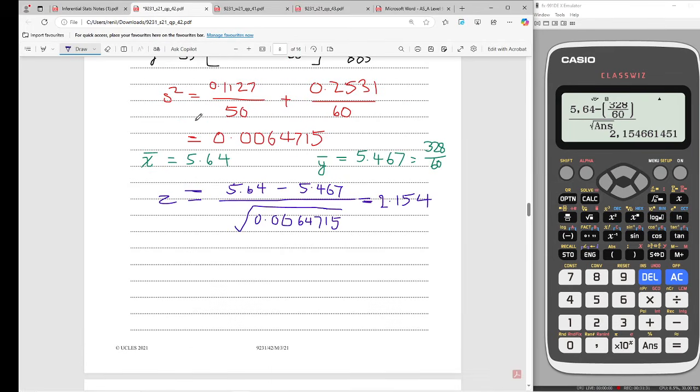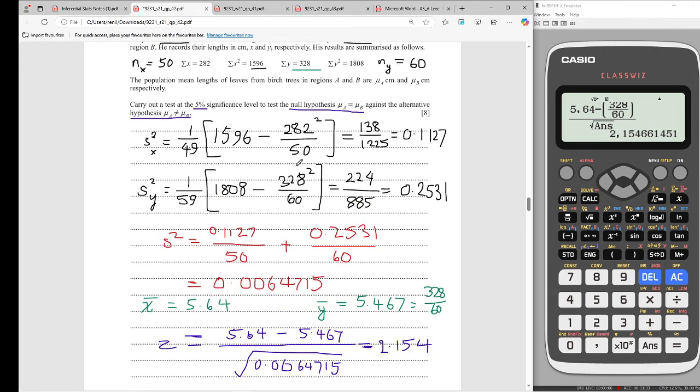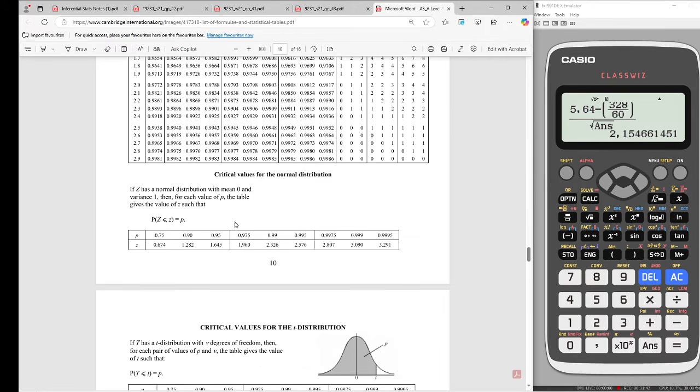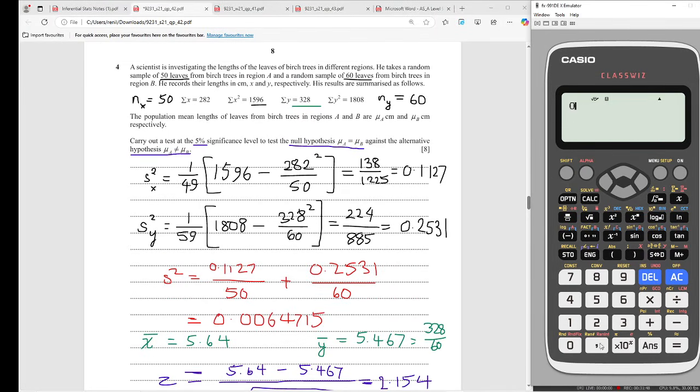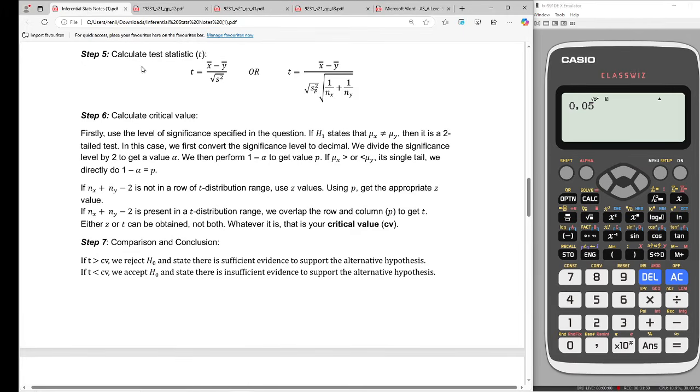So what is p going to be? They're not going to mark you for calculating p, they're going to mark you for comparing your critical value. In fact, they don't mark you at all for even getting the critical value. So what is our p value? It says that it's a 5% significance level test, so we convert it to decimal as the document states. We divide the significance level by 2.